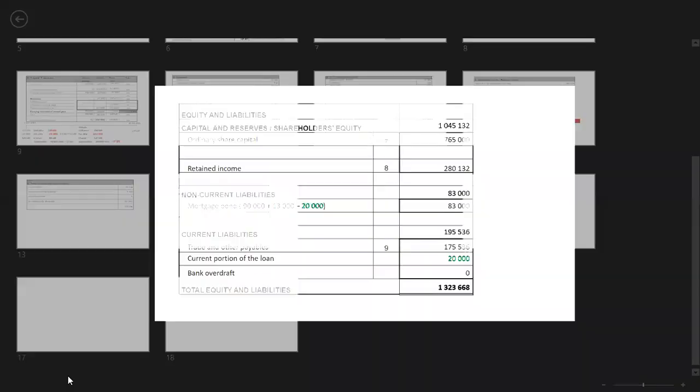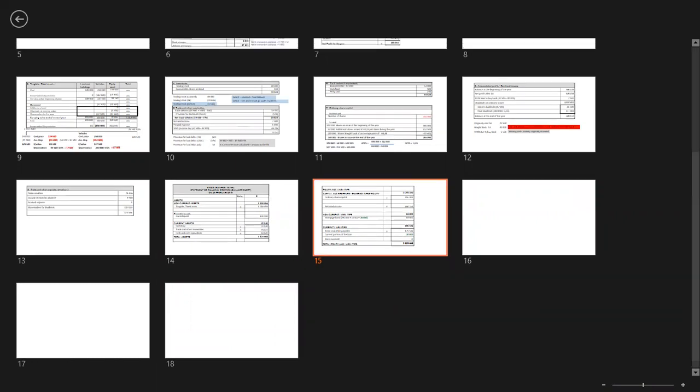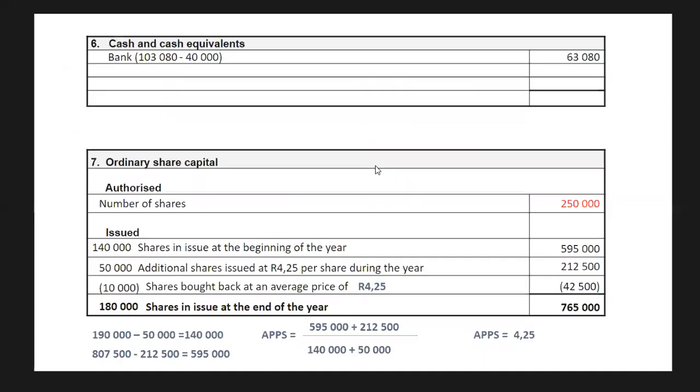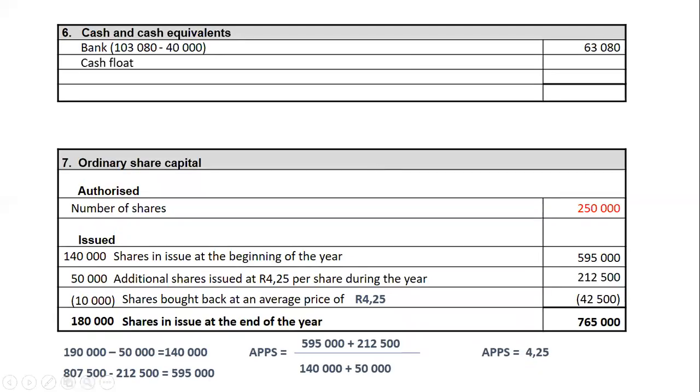Okay, I'm simply left with my assets. Now, for me to complete my assets, I just need one more thing, which is my cash and cash equivalents. So my cash and cash equivalents is pretty much completed. I have cash float, which I took from the trial balance. I have petty cash, which I took from the trial balance of 240.